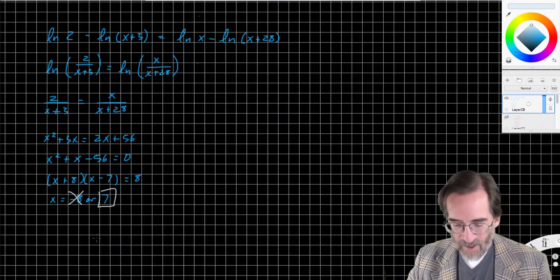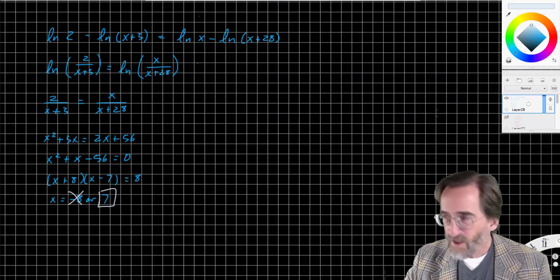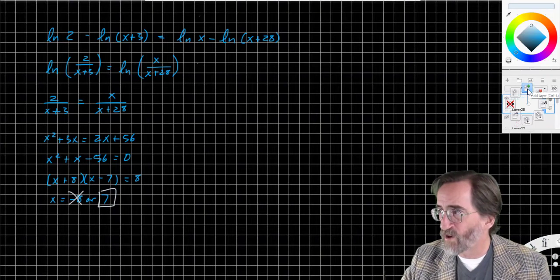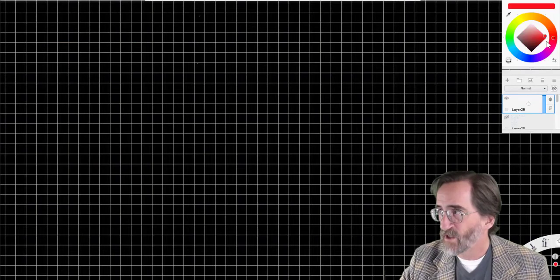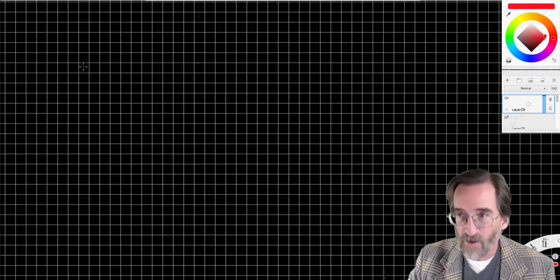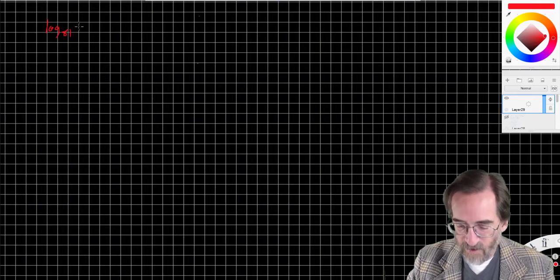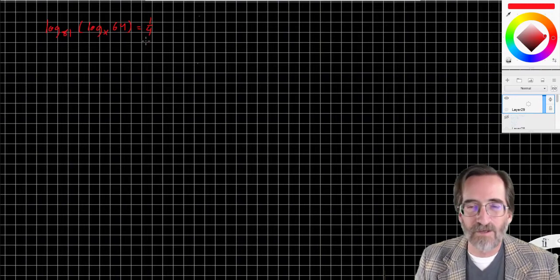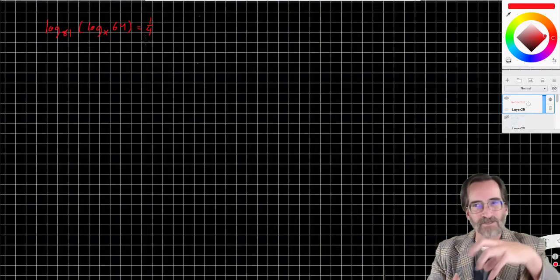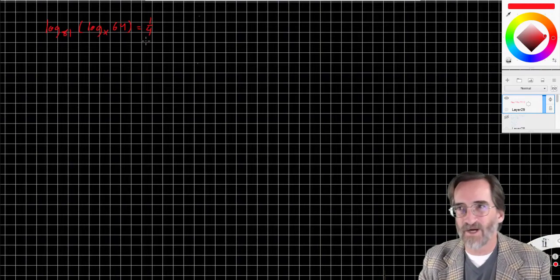Okay, that's another strategy. And then you've got this kind of problem where you have nested logarithms of different bases. So let's do that here. Log base 81 of log base x of 64 equals 1/4. I like the nested Russian dolls: think of working from the outside in.